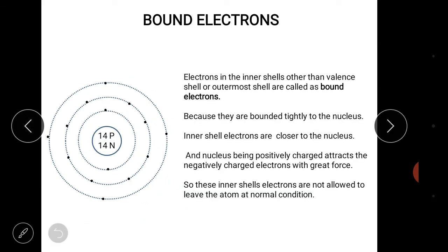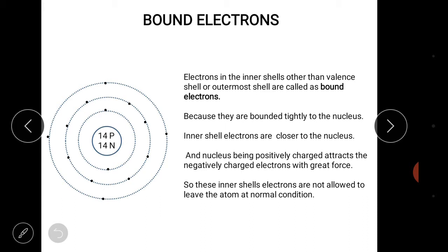Now we have studied the valence electrons. Now we will study the innermost electrons. Electrons in the inner shells, other than the valence shell or outermost shell, are called bound electrons.